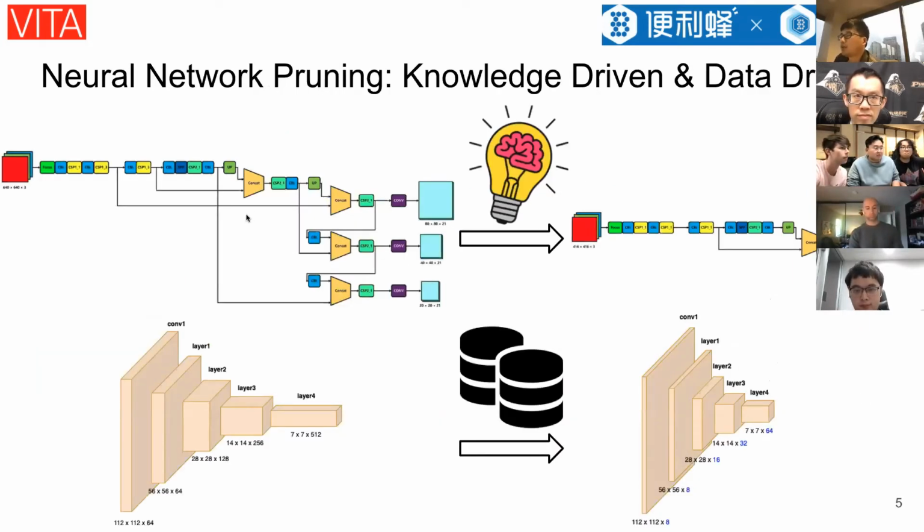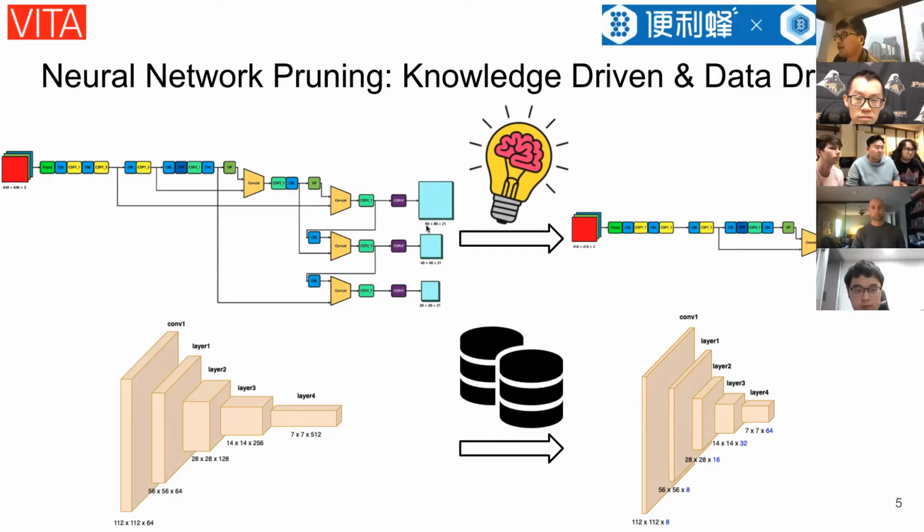In the model, especially for the pruning part, we tried two different strategies. The first one is knowledge-driven, and the second one is data-driven. We use knowledge-driven strategies to prune the YOLO model, because it is very complicated, and we already have the prior knowledge that the three branches in YOLO v5 are specialized for objects of different scales: small, medium, and large.